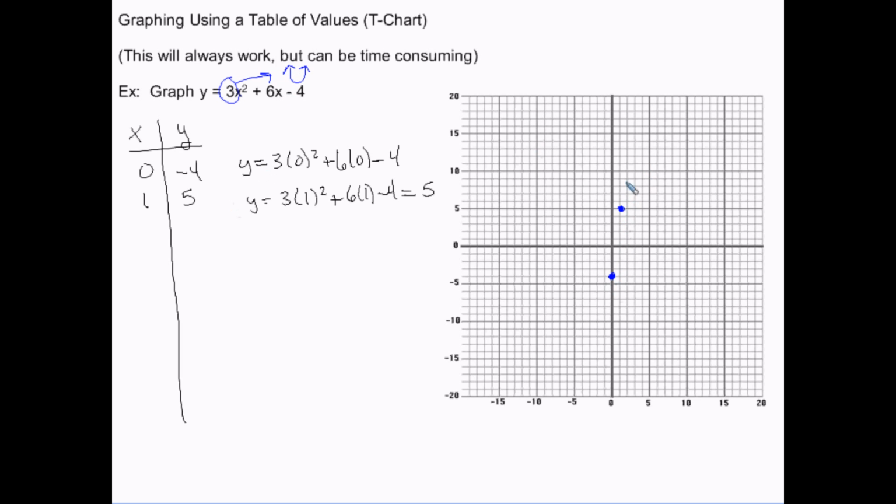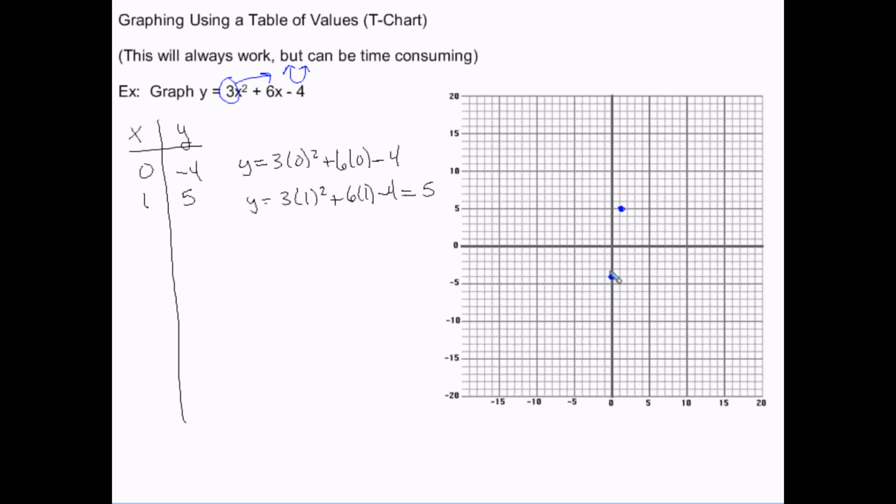From here to here I went up. I'm not likely to turn around and go back down because I'm opening upwards. So if this is one side of the up, this would be the other side of the up. So I don't need to plug in any other values on the positive x. It will continue to go up forever.